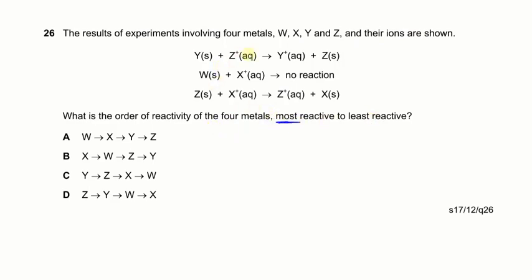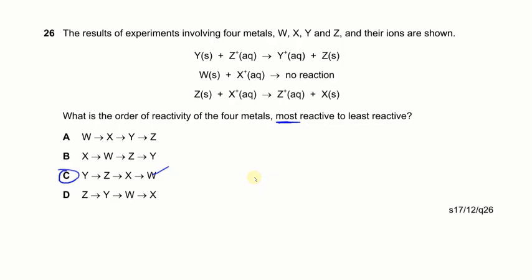In these reactions, you see Y reacting with Z and there is a reaction, so Y is more reactive than Z. W with X is no reaction, meaning W is less reactive than X. Z plus X ions, there's a reaction taking place, so Z is more reactive than X. So the least reactive is W. Going from most reactive to least reactive, we get answer C, because the only least reactive metal that we got is W.